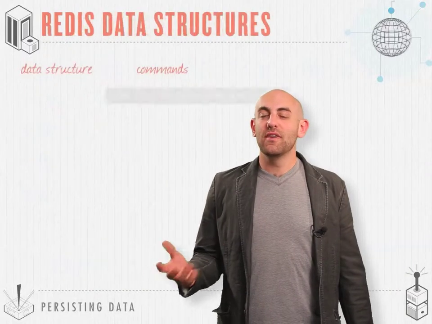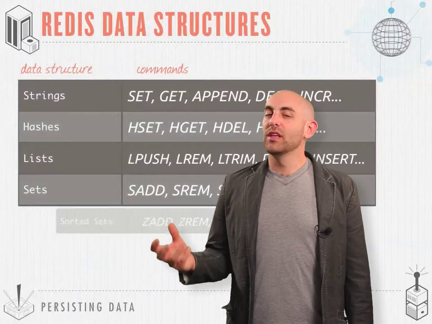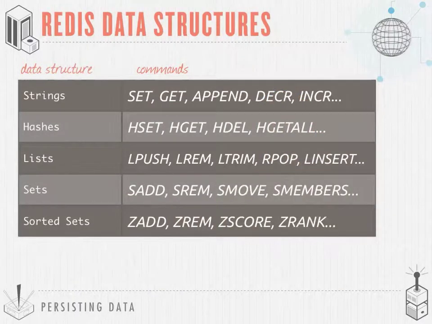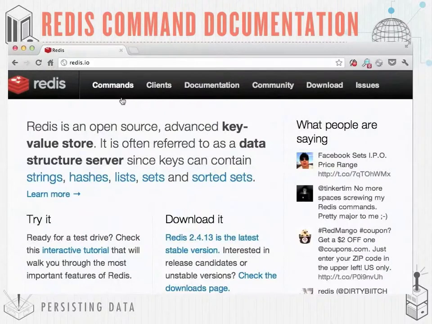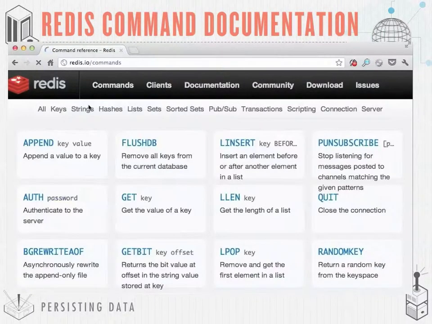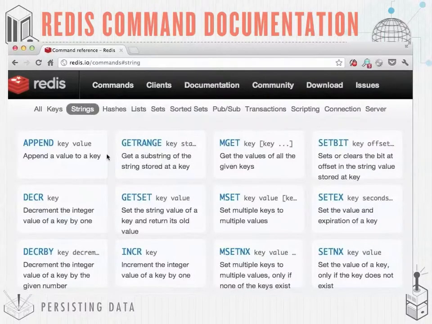Redis is a key value store, but more importantly, it doesn't just store strings as values. It can store things like lists, hashes, sets, and sorted sets, and you interact with all of these data structures in Redis using commands. Redis has a really great documentation website where you can go and search for commands by the data structure.